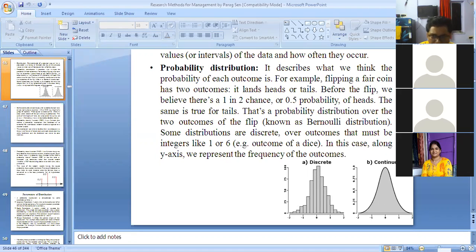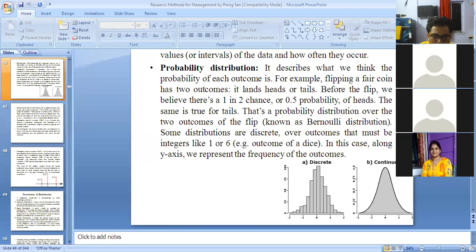Now, keep in mind that in case of discrete distribution and also in case of continuous distribution, along the x-axis we are representing the outcomes. Suppose the data set is given, so you already know the outcomes are being represented in a data set.